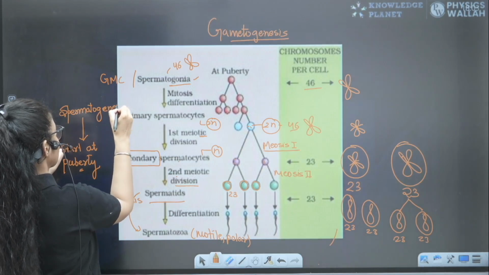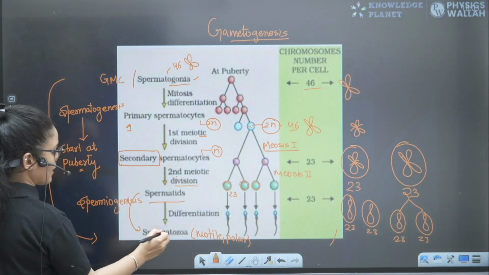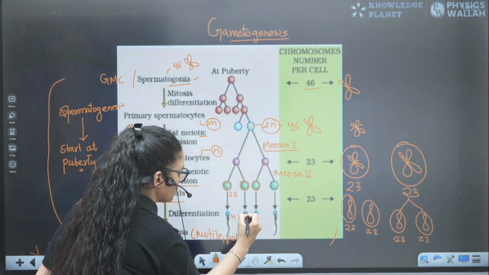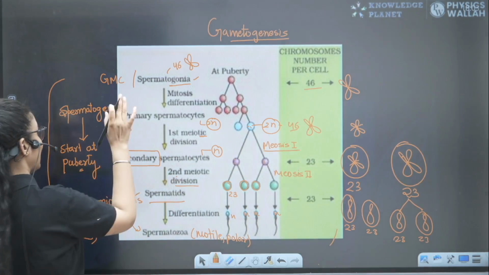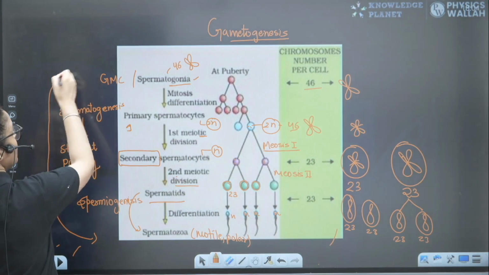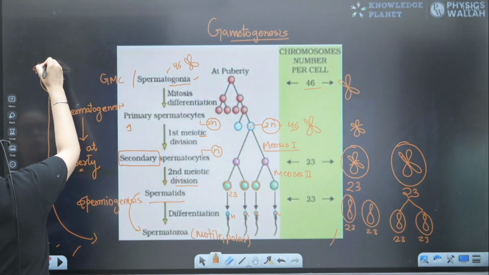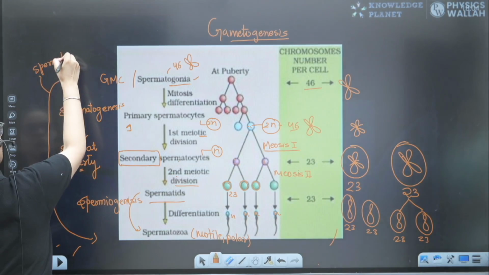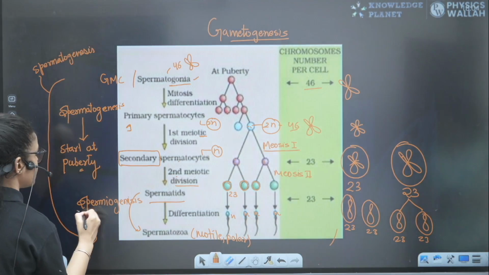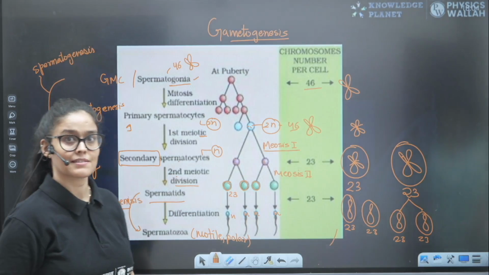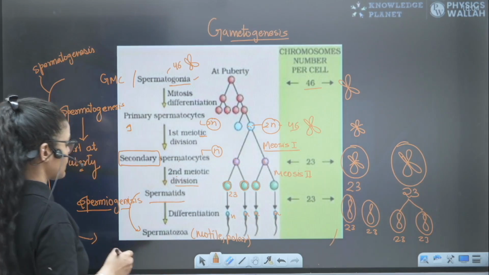So this whole process from spermatogonia to the formation of spermatozoa, and each spermatozoon will be haploid, meaning having 23 chromosomes, is known as spermatogenesis. And you have to remember what spermiogenesis is. Differentiation is spermiogenesis, right? So that's all about gametogenesis, spermatogenesis.